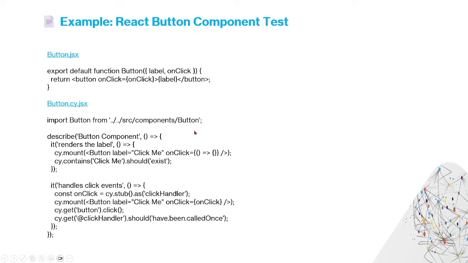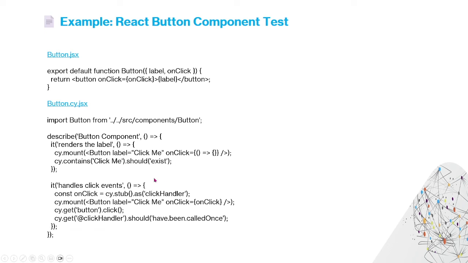The first test checks the label: Cypress mounts the button and checks the button contains "Click me".